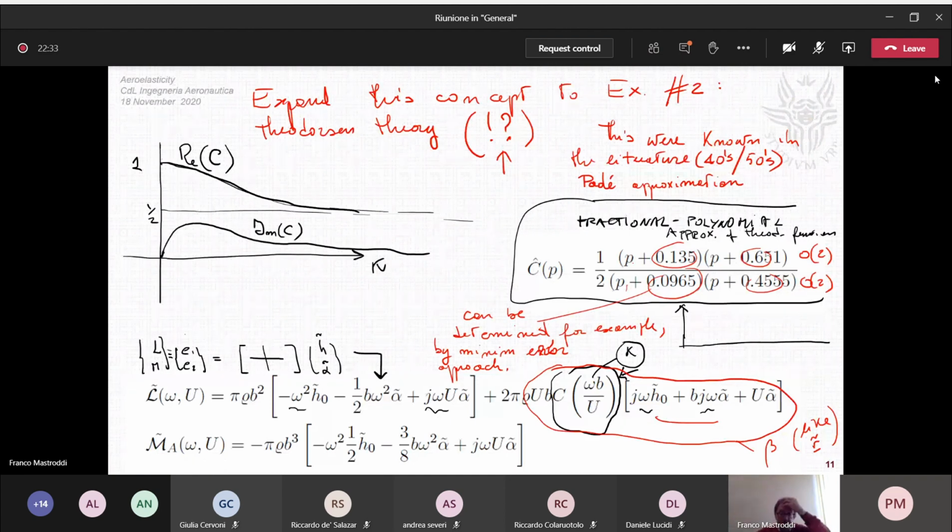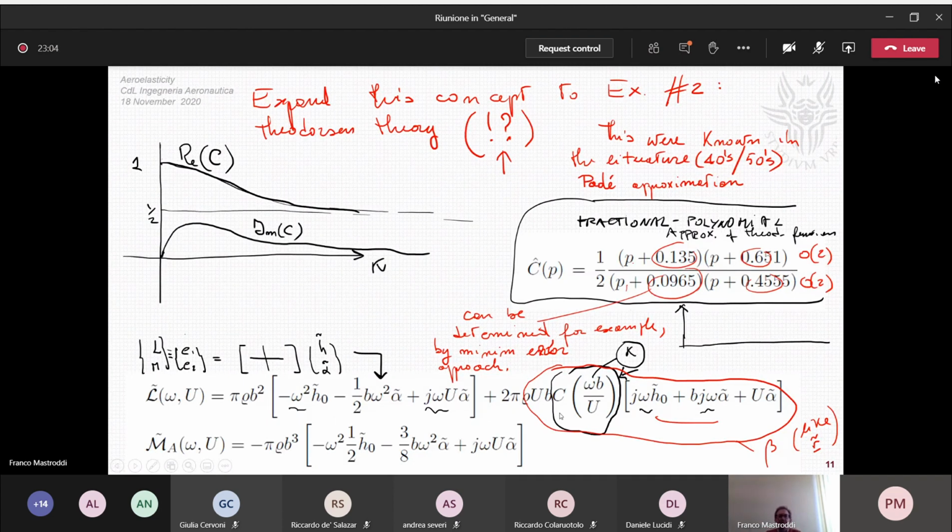For the non-polynomial part, we want to assume a fractional approximation of the Theodorsen function, exactly like before. In this approximation, we can find the poles and the zeros of this approximation, which, apart from the sign plus, are this number here.